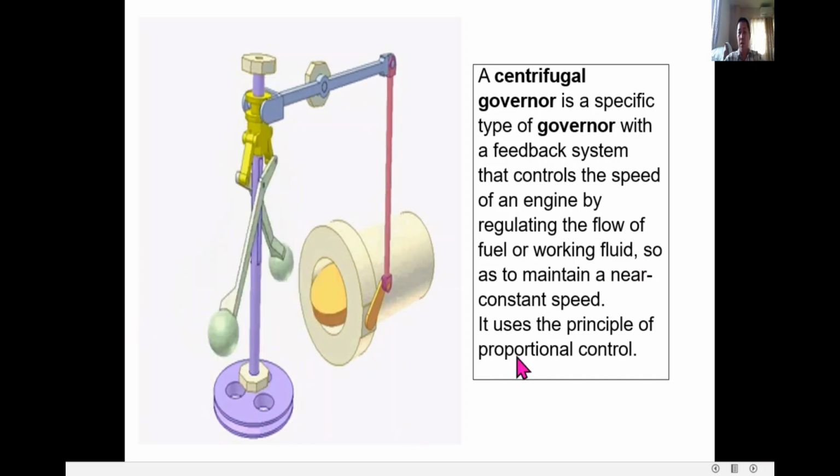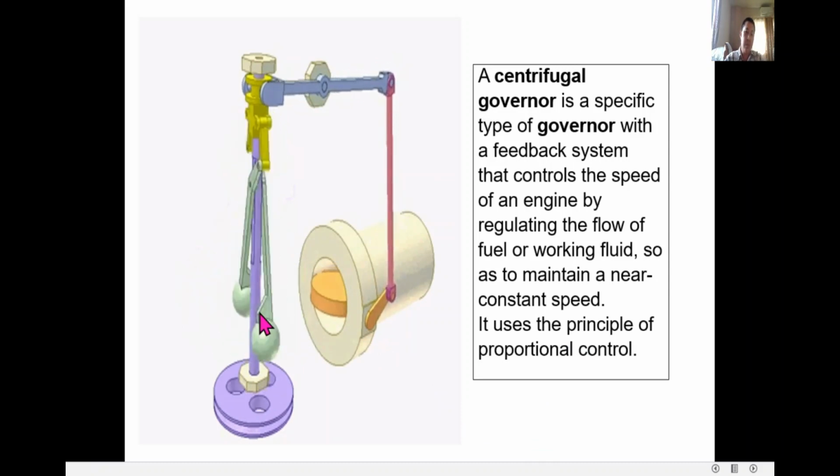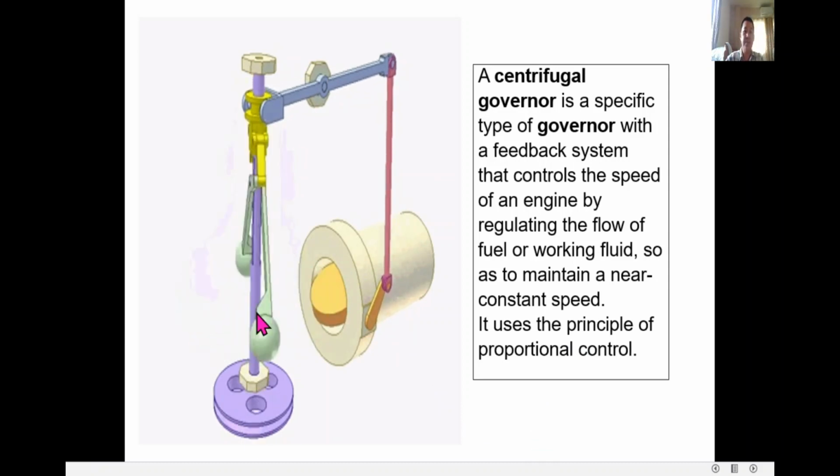So now let us continue. As you can see here, this flyweight is rotating together with the shaft.